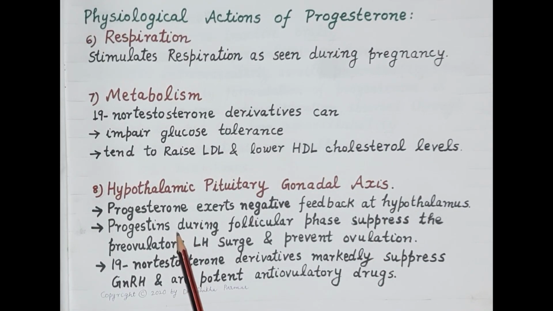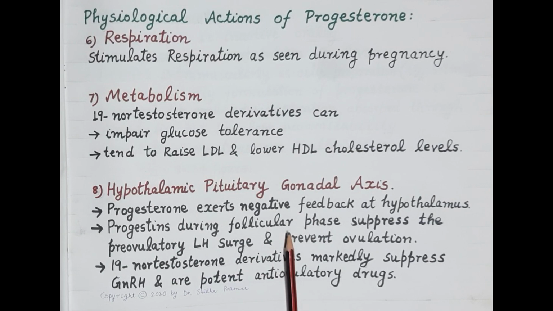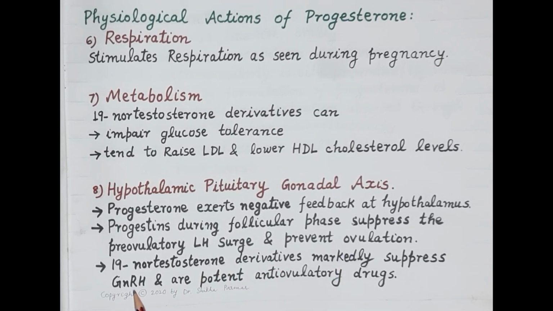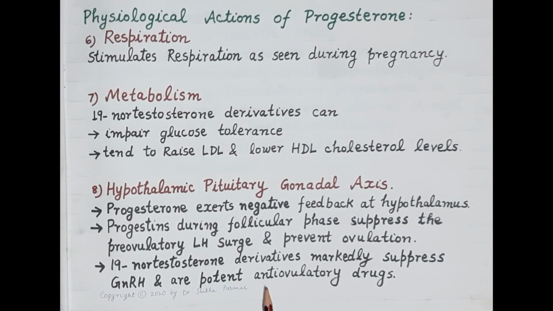Now, progestins, specifically 19-nor testosterone derivatives, when administered during the follicular phase, that is administered during development of the ovarian follicle, suppress the pre-ovulatory rise in luteinizing hormone, and thereby they prevent ovulation. And thus 19-nor testosterone derivatives markedly suppress gonadotropin releasing hormone, and these are potent anti-ovulatory agents, and therefore they are used as oral contraceptives either alone or in combination with estrogens.